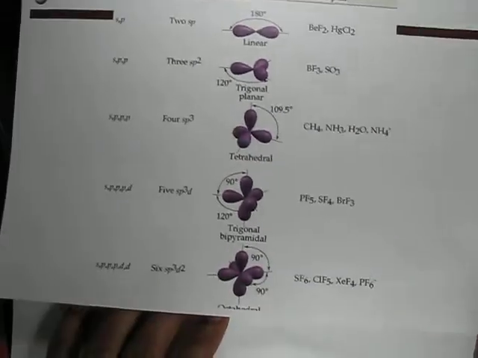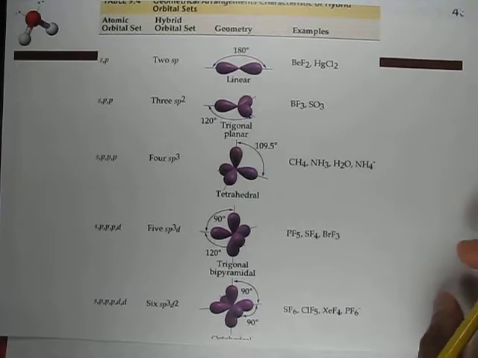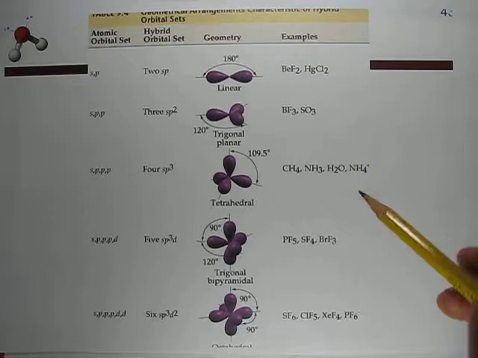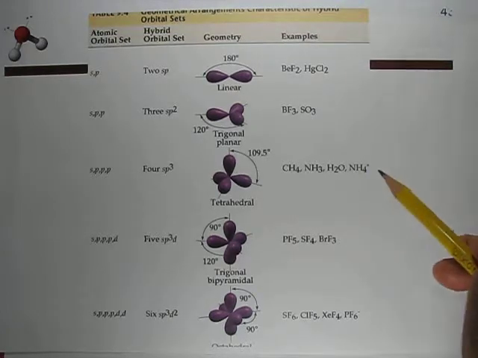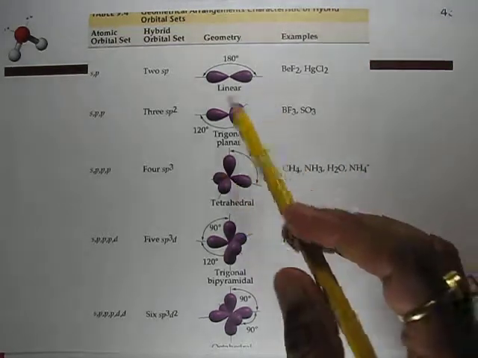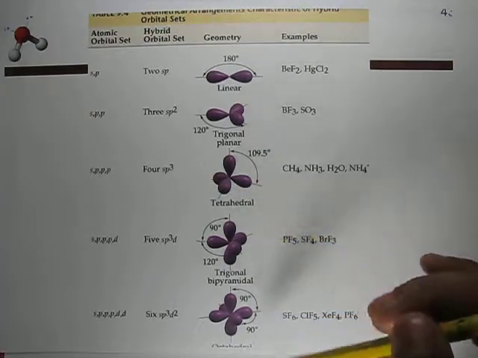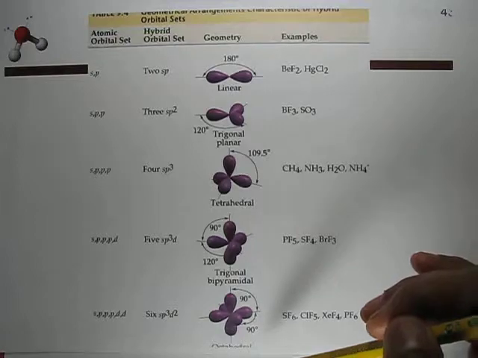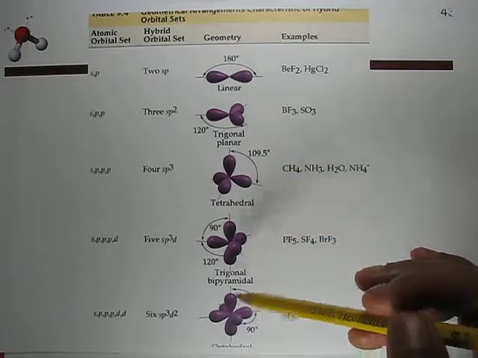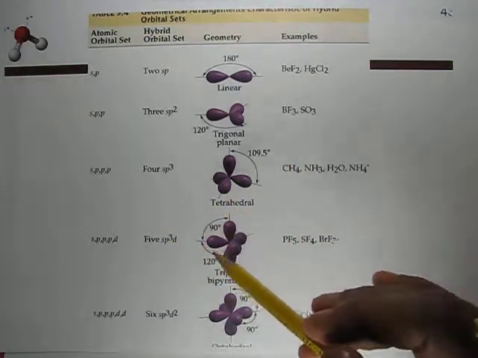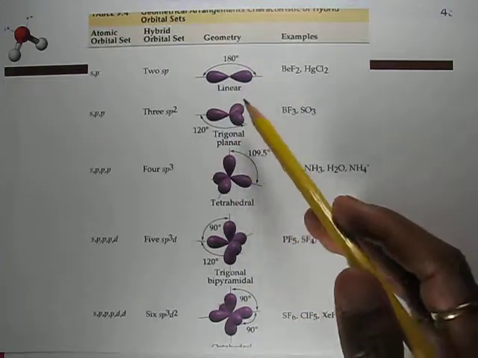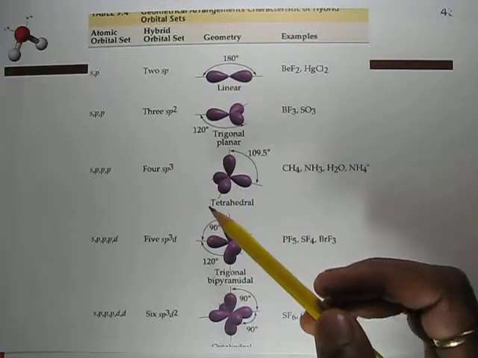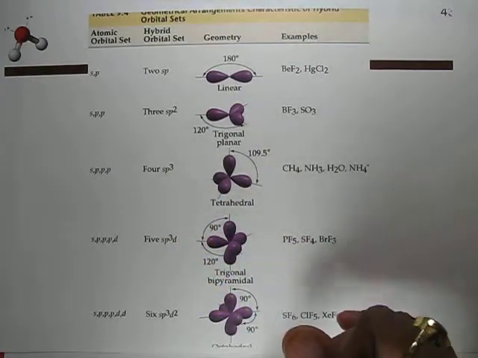So always practice. A lot of practice is required to make a correct Lewis structure. If you cannot make a correct Lewis structure, you cannot figure out the electron domain geometry, the electron pair geometry, and then the hybridization.